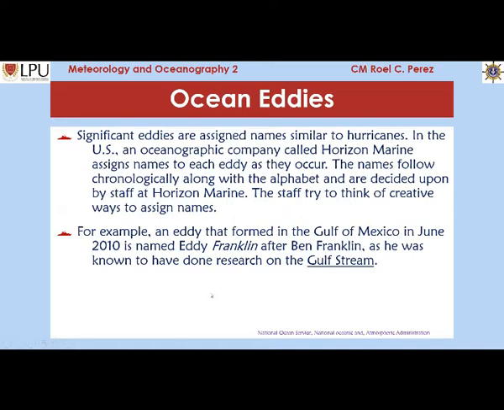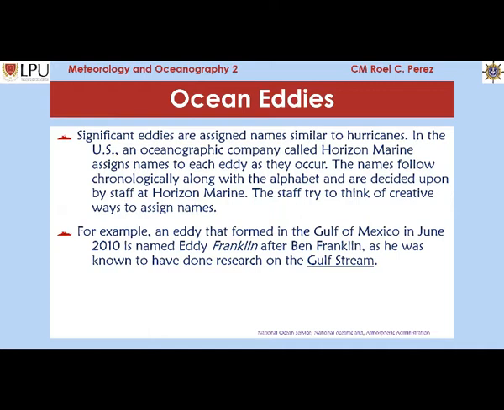Okay, significant eddies are assigned names similar to hurricanes. I know you have studied how to name hurricanes. So also the eddies, they have names. Although this is not an important topic, naming of eddies. But they are doing it in the US. An oceanographic company called Horizon Marine assigns names to each eddy as they occur.